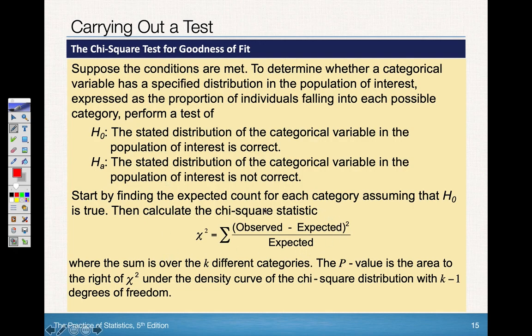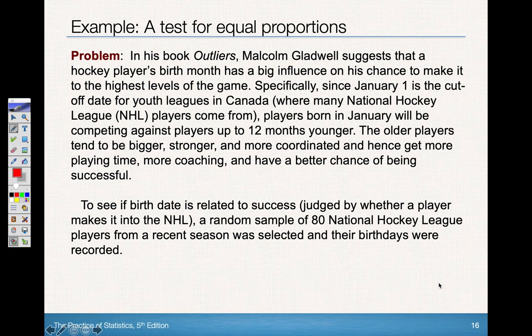You're going to want to know how this is made, because sometimes you might have to do this on your calculator: you do the observed minus expected, put these in a table, square it, divide by the expected, and add it up. It's not that hard to do on a calculator. So when we sum over k categories, we get our degrees of freedom, which is categories minus 1, and you get your p-value from there.